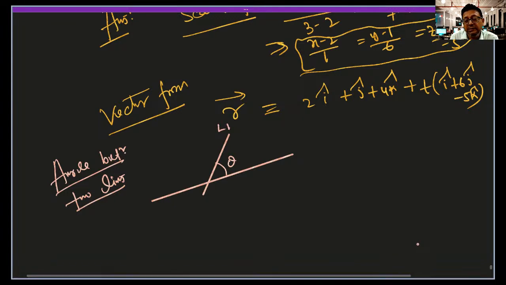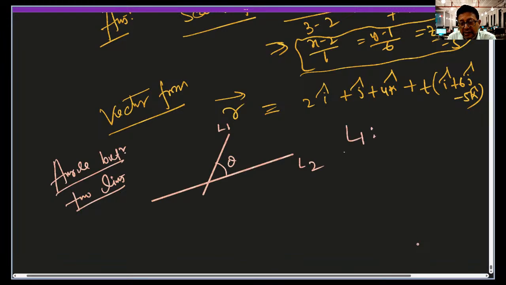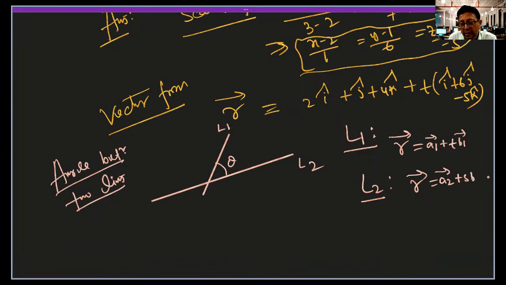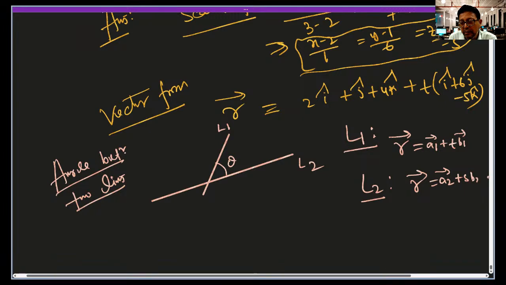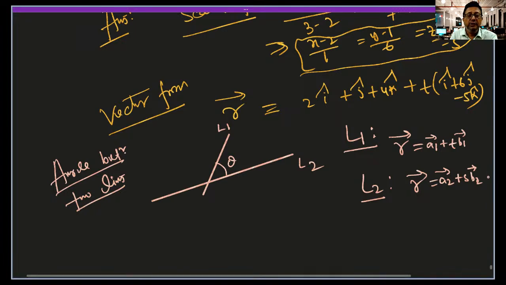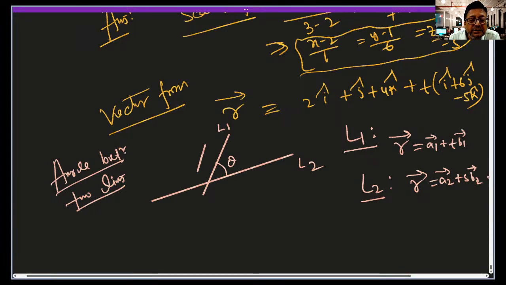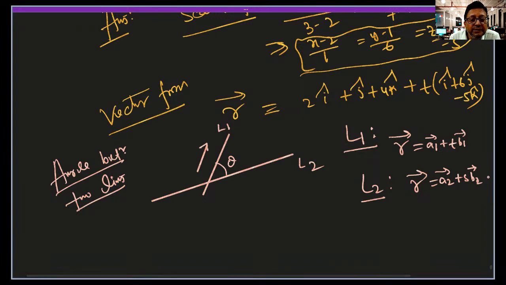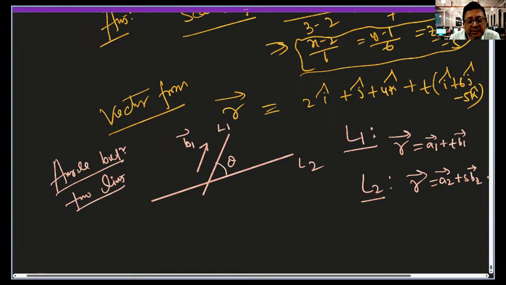This is the first line L1, second line L2. First line equation be a1 plus t b1, L2 be a2 plus s b2. So the first line is directed along what? b1. Agree? Second line b2.